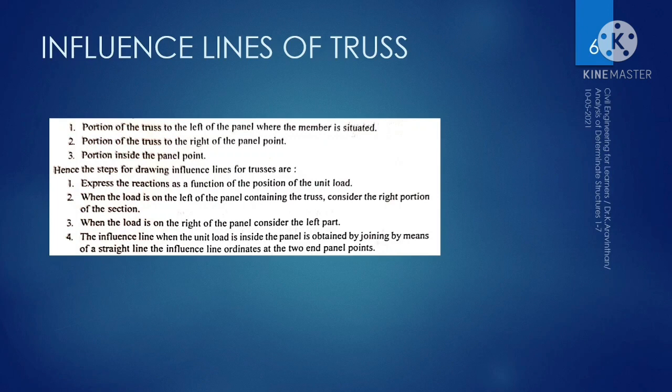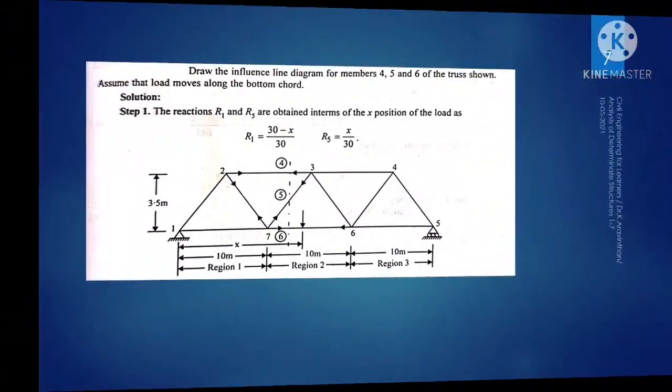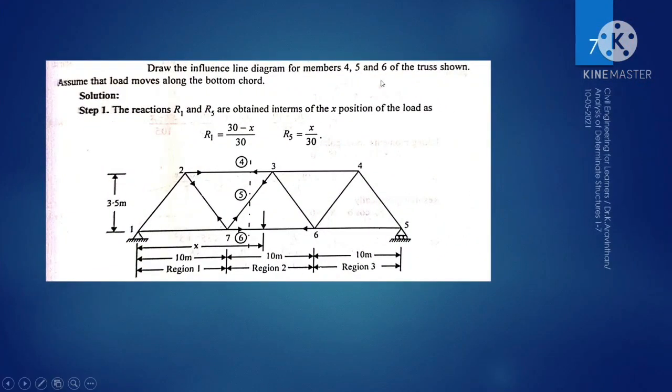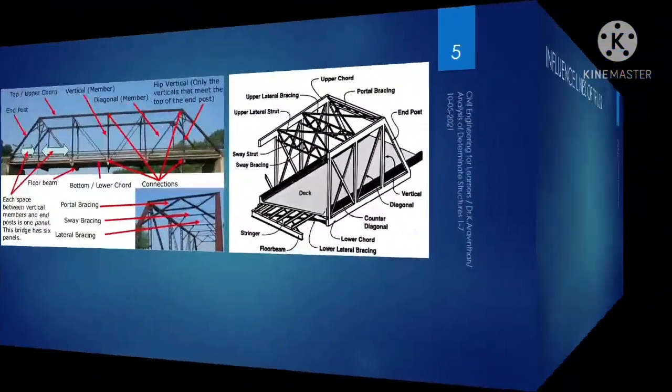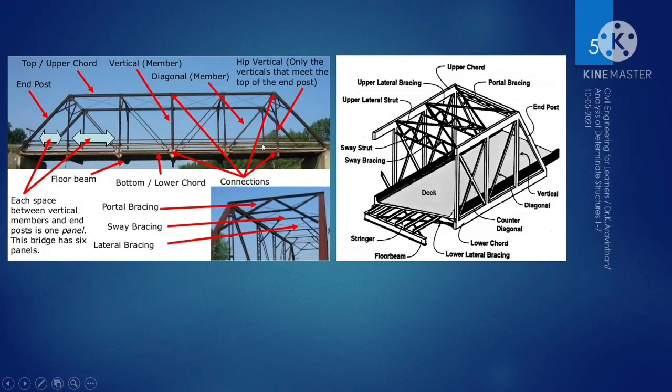First you have to find the reactions, and second, when the load is left of the panel containing the truss, consider the right portion of the section. So you have to place the load at one portion. Say for example, if you are placing the load at one portion, this is the right portion.